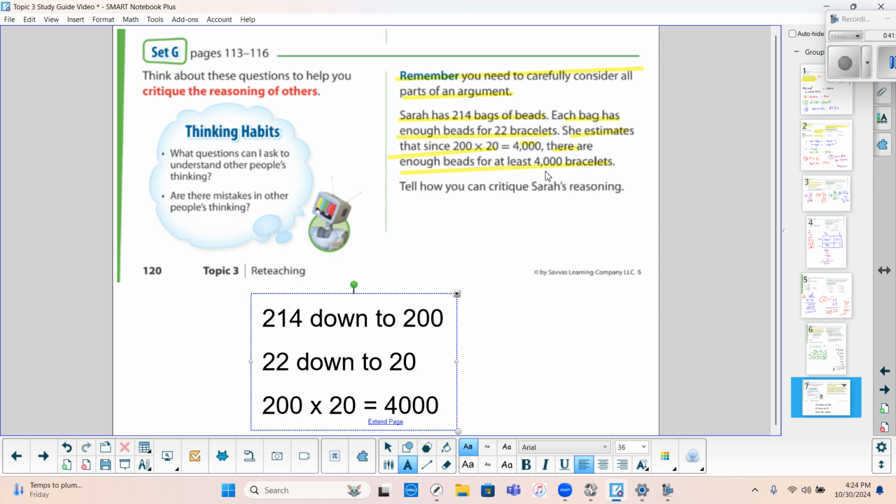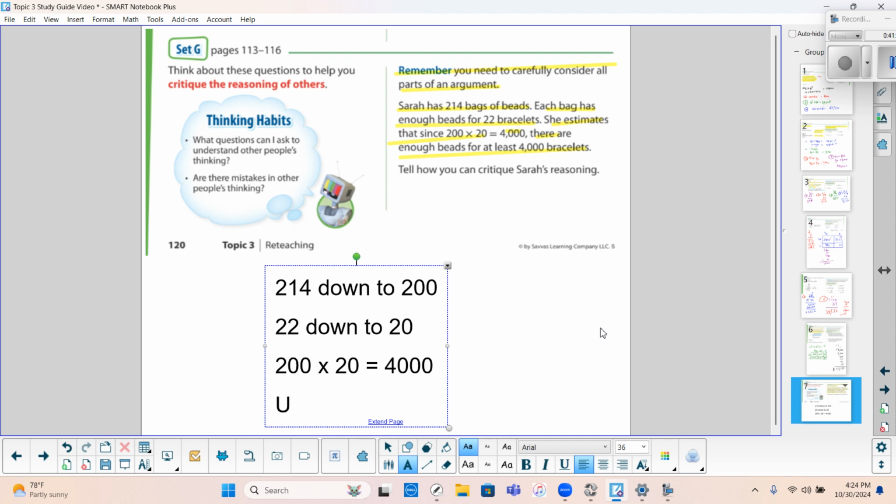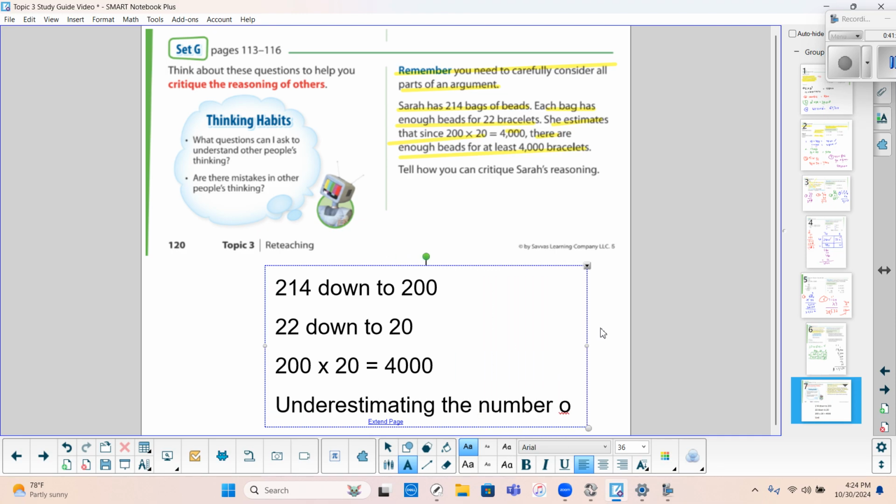Well, let's talk about this. If there's more than 200 bags, and each bag is going to make 22 bracelets, and she rounded down in each case, that means the number that she got was underestimating the number of bracelets.